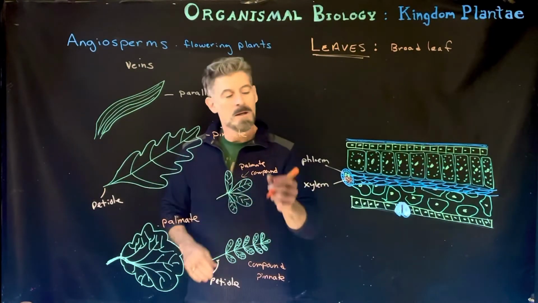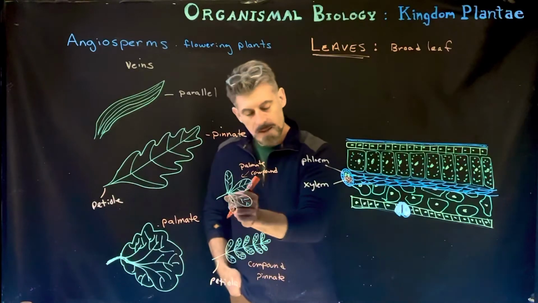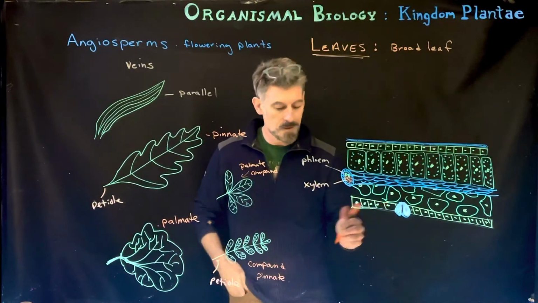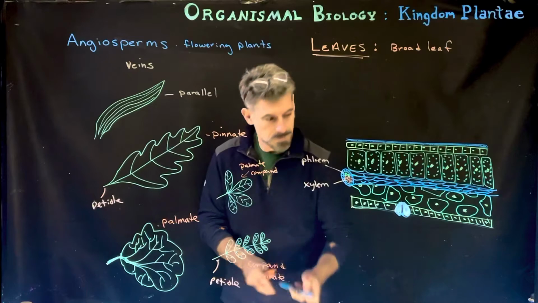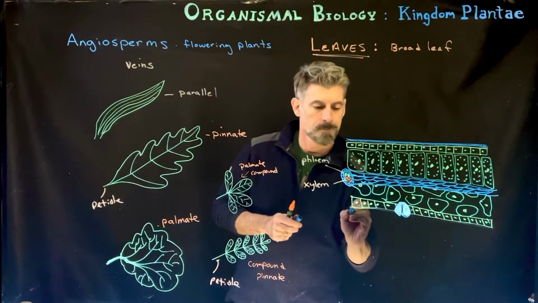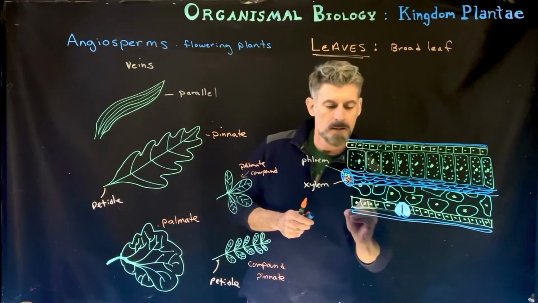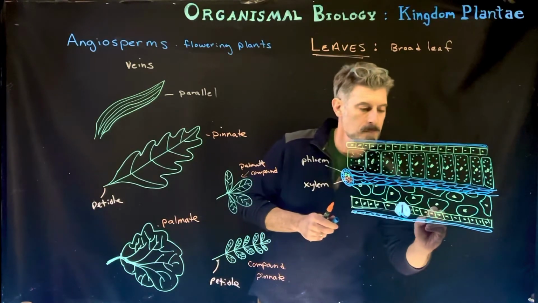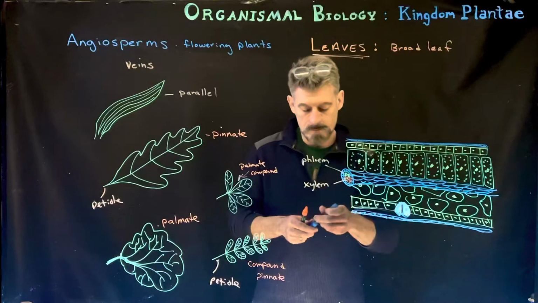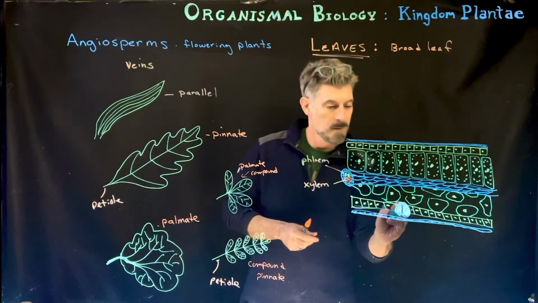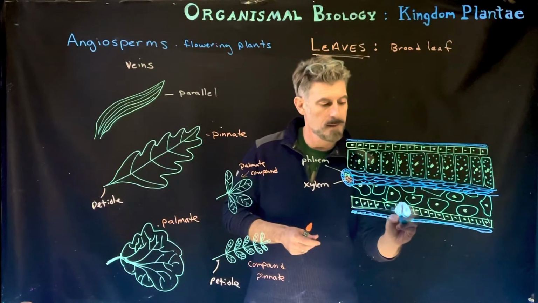Now if we then took a little section through the leaf and looked at it, I'm actually missing a layer here, and that's where we'll start. For that part we're going to erase a little bit right there.